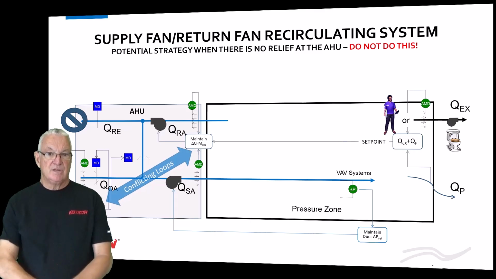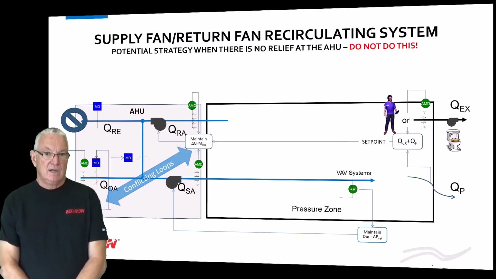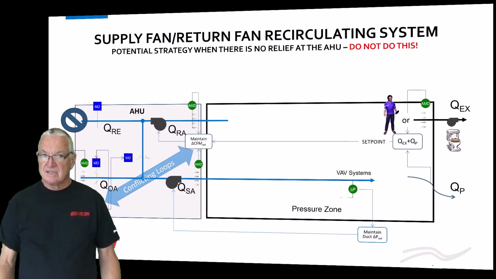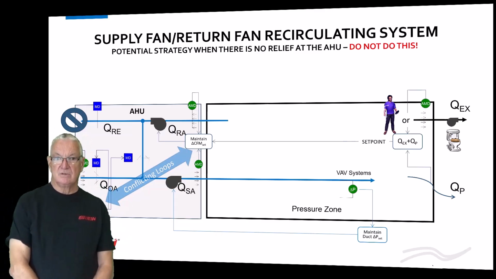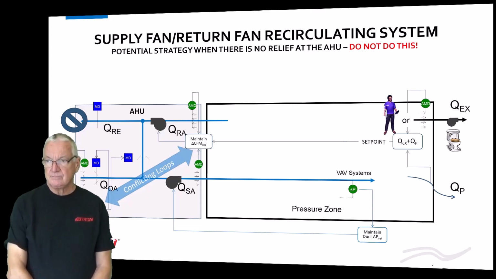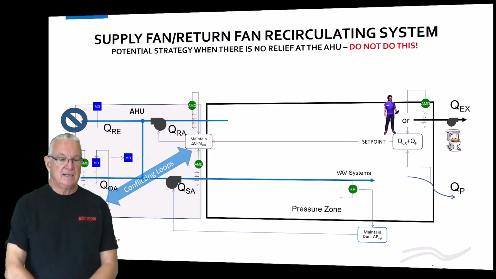Because the differential between the supply and the return, even though mathematically it is the same as that outside air, just small instrumentation error will make it so that those two numbers are not the same. So you'll end up with hunting, and you don't want that, okay?